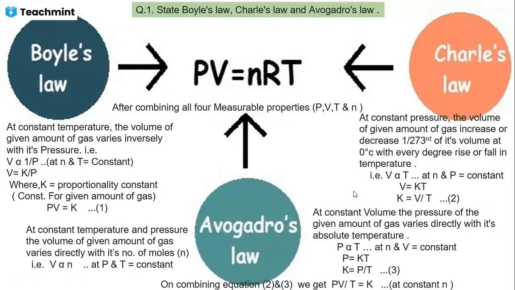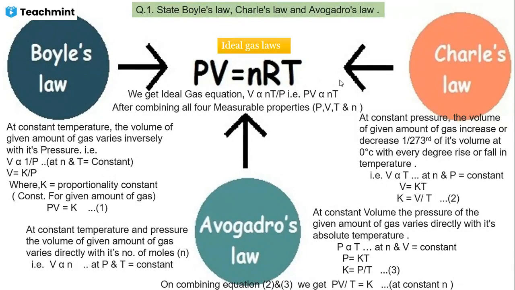After combining all four measurable properties P, V, T and n, we get the ideal gas equation: V is directly proportional to nT/P, that is, PV is directly proportional to nT. This proportionality constant is R. That's why PV = nRT. This is the ideal gas law.